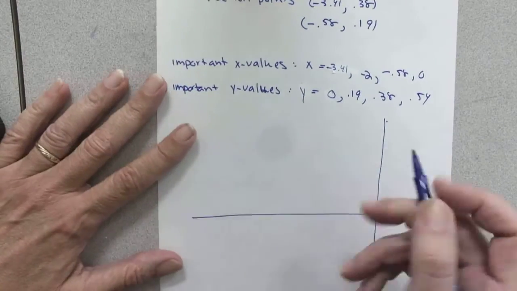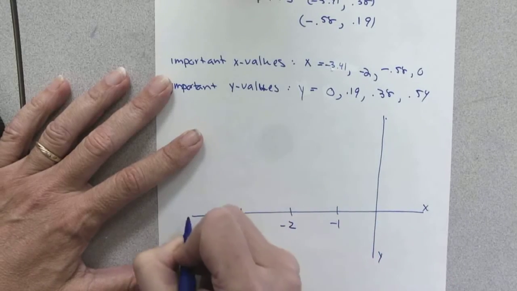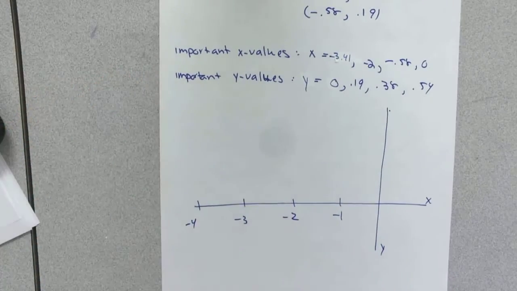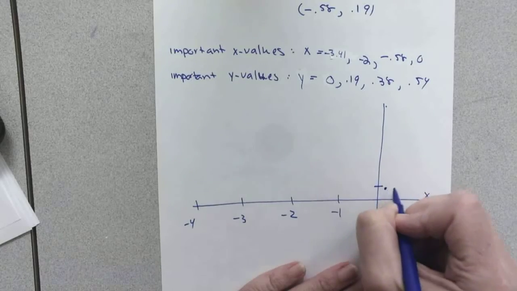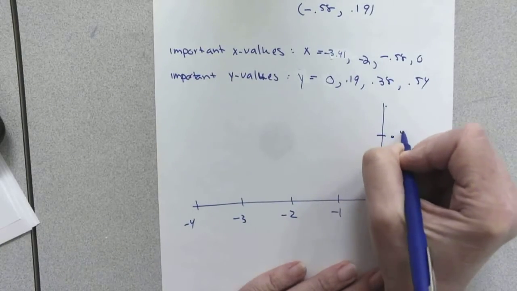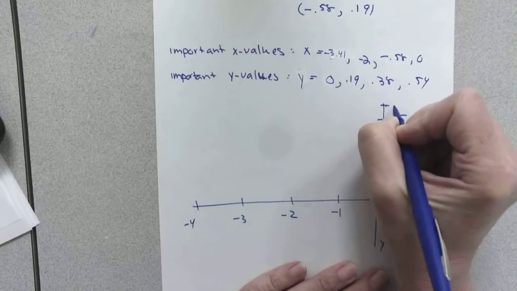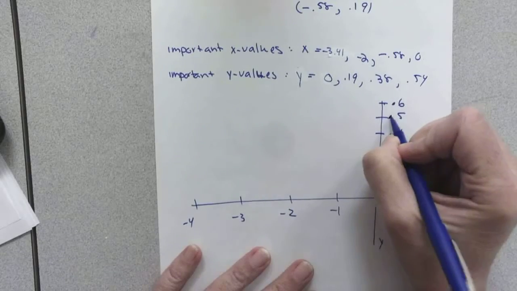And then counting appropriately, if I go -1, -2, -3, -4, that's going to work on my x-axis. And as far as my y-axis, if I go 0.1, 0.2, 0.3, 0.4, 0.5, 0.6, that's going to do everything I need to do over there.